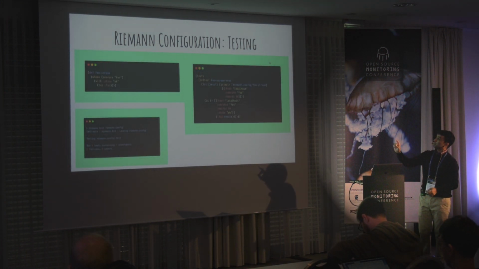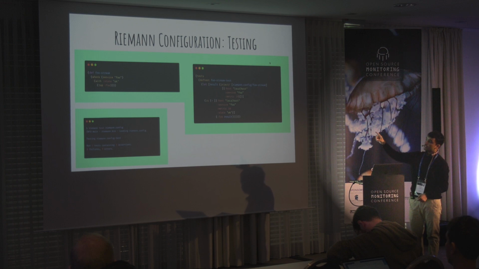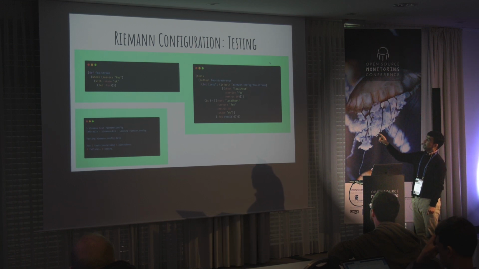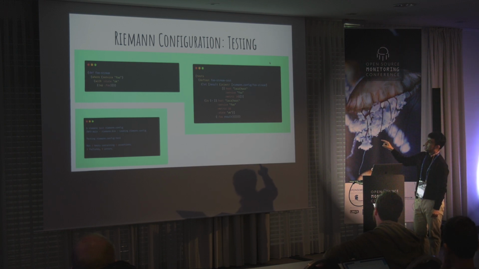You can see an example on the top left. We are defining a stream, and in that, after doing a filtering and appending a state OK, we are tapping the stream. Now, if you need to write a test for this, on the right side, you can see that what we are doing is we are injecting a test event into the stream with host, service, and metric keys.